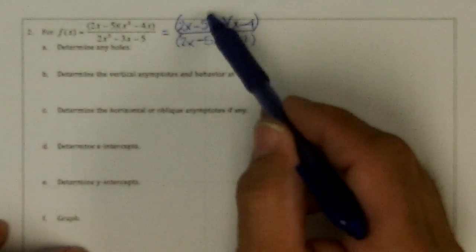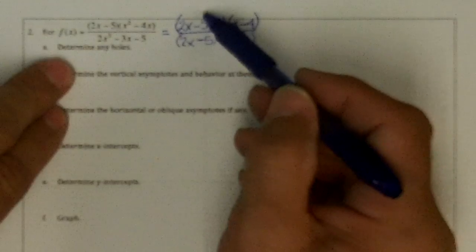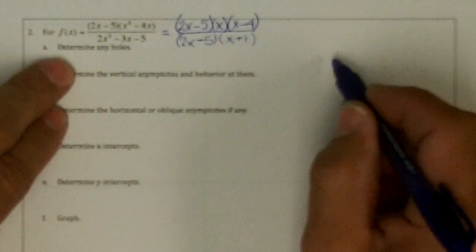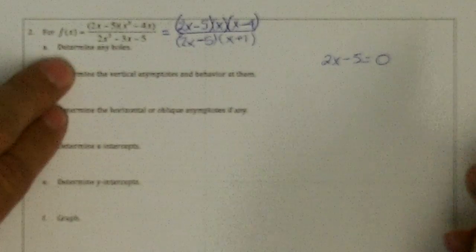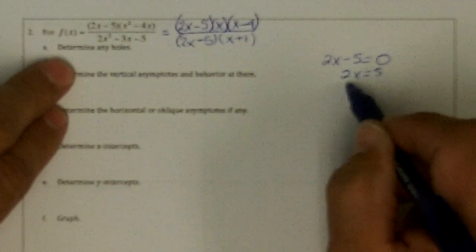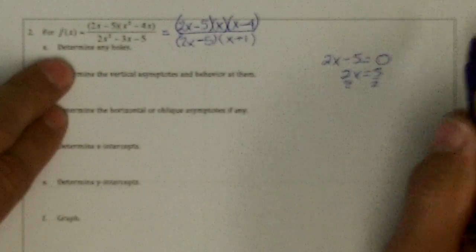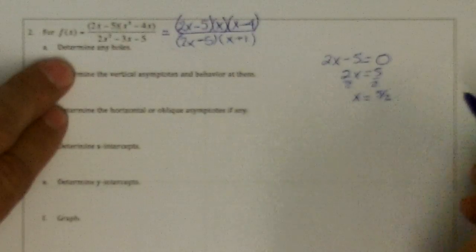Now, after I got it factored, I notice those are the same. So there is a hole at whatever makes 2x minus 5 equal 0. So if I add 5, I get 2x equals 5. Divide by 2, and I get x equals 5 halves, or 2 1/2.